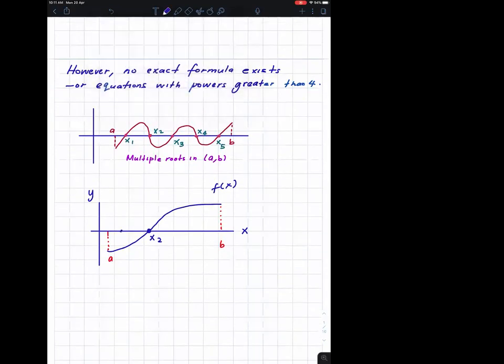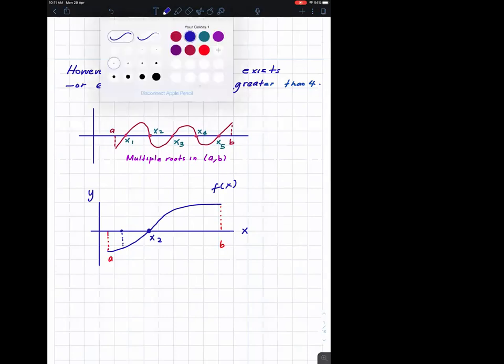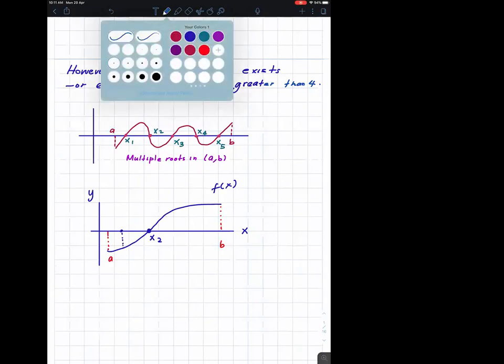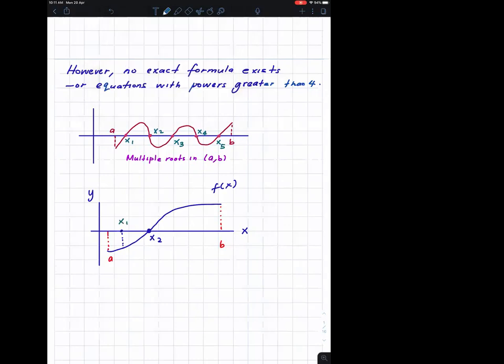So let's say you sample a point here, x1, just a sample point, and then sample another point. One point x1 is before the root, and x3 is after the root.